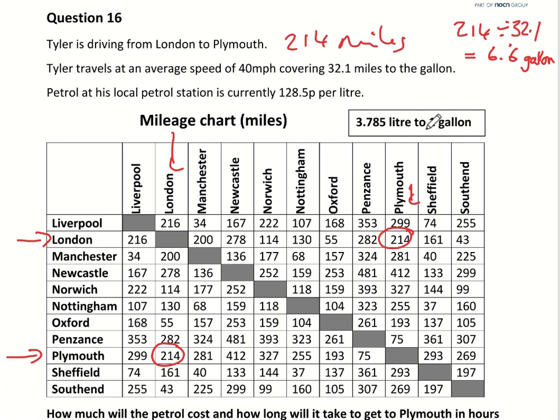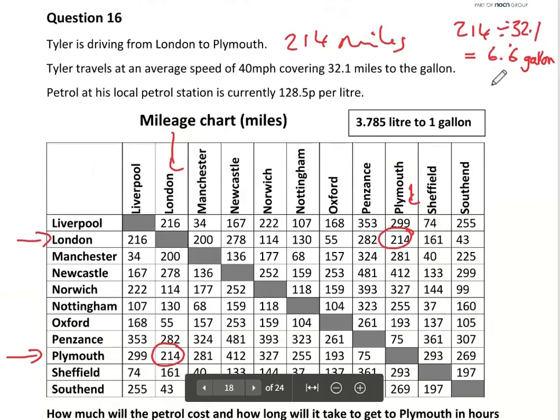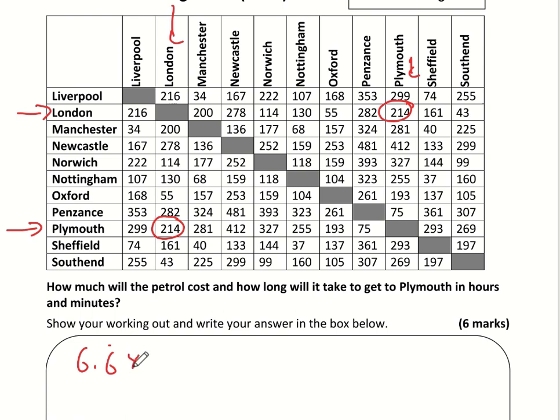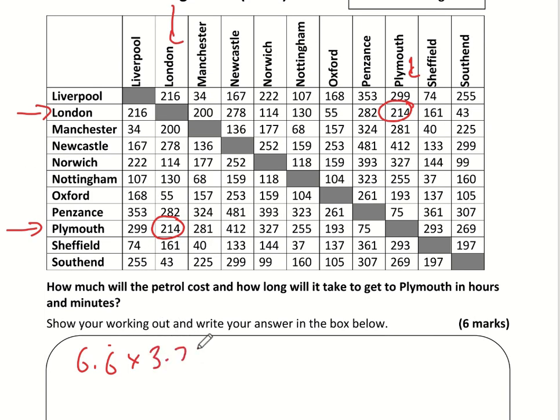Now we know that 1 gallon is 3.785 litres, so here we just need to do 6.6 recurring multiplied by 3.785 to turn the gallons into litres, and that is 25.23 recurring litres.